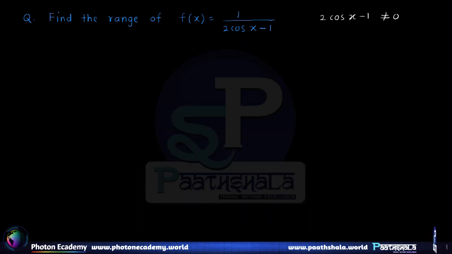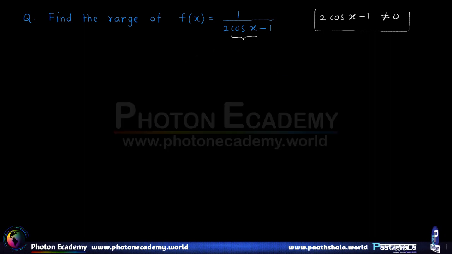So somewhere we have to remember this particular restriction. Now to find the range we follow a slightly different technique, that is we start from the term cos x because it's a variable term, that is it can have a value lying between -1 to 1 as we know. That's the range of the cosine function.